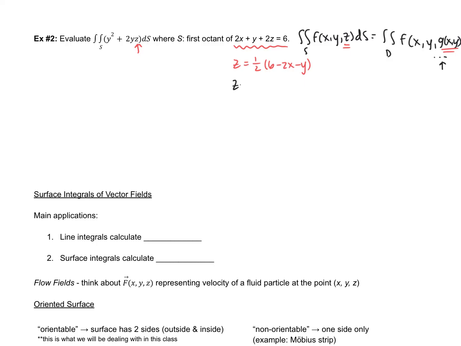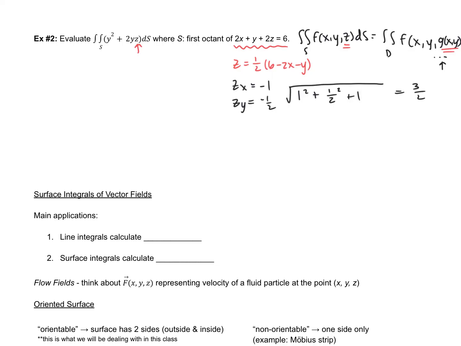So we're going to need the partial of z with respect to x, which in this case is -1, and the partial of z with respect to y, which is -1/2. And then from before, you're going to take that z sub x squared, add it to z sub y squared, and add 1, which ends up being 3/2.